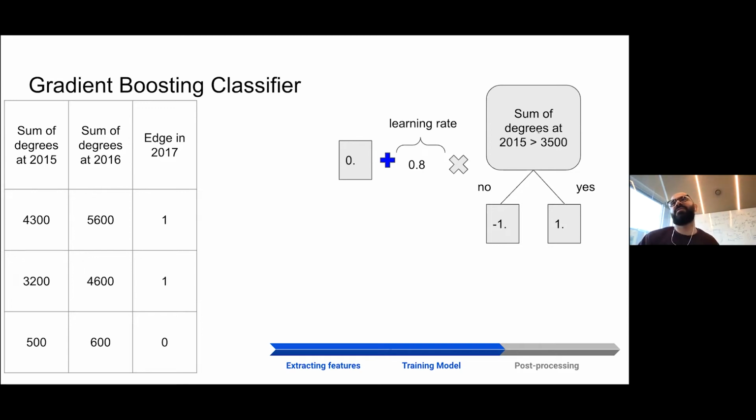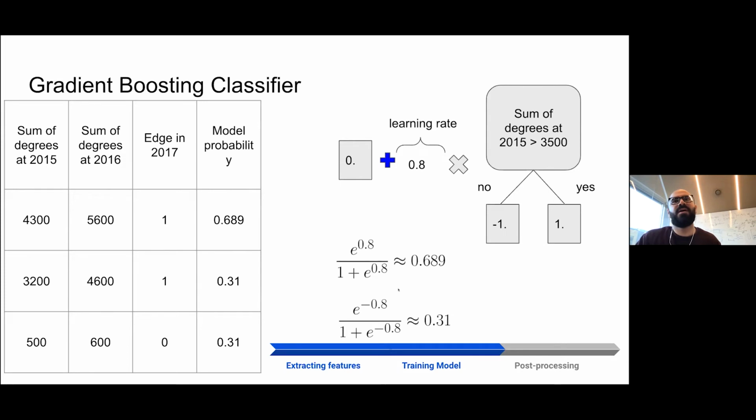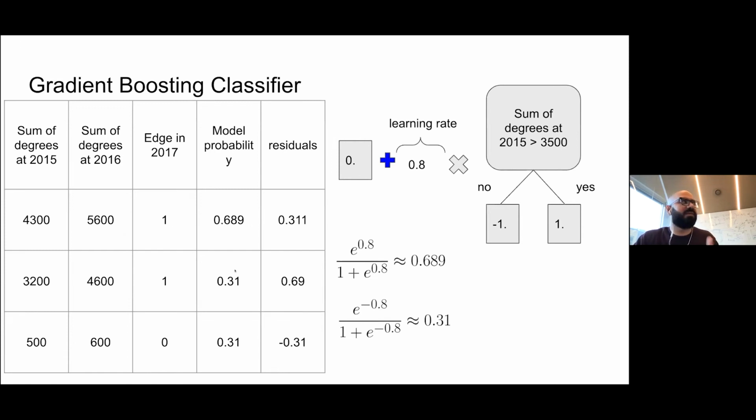So for example, if the sum of degrees at 2015, which is this feature, is bigger than 3,500, the model is going to increase the probability that it's predicting, and if not, it's going to decrease it. Based on this new model, we can calculate the new probabilities and the residuals, and then we can continue to add more and more trees.